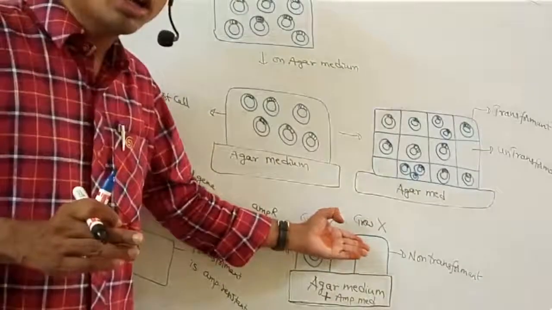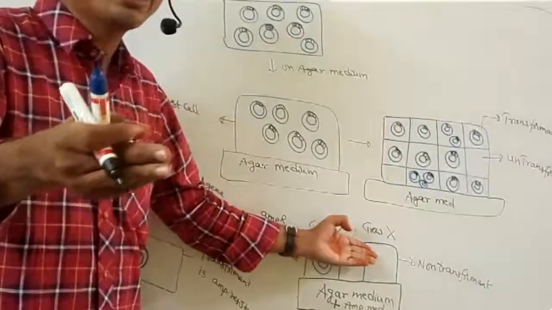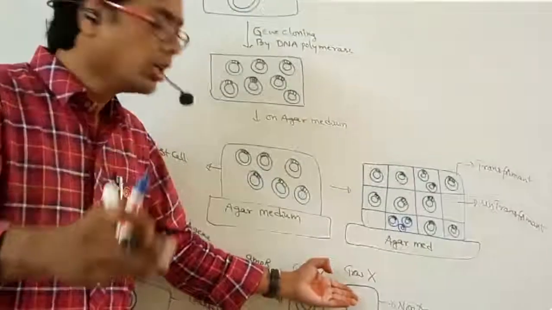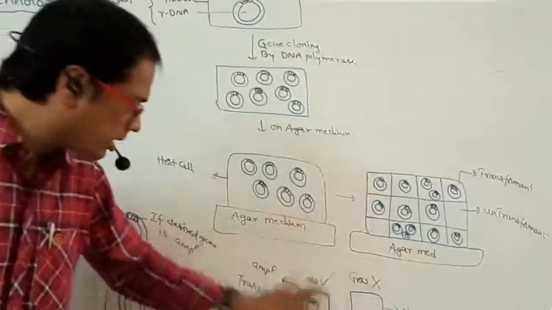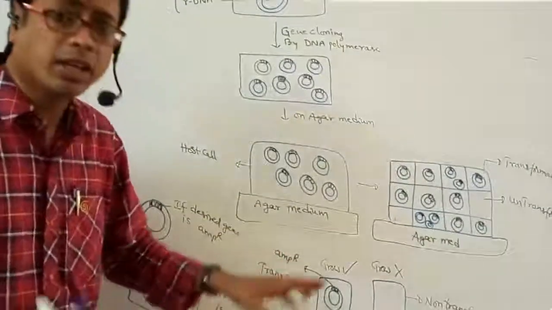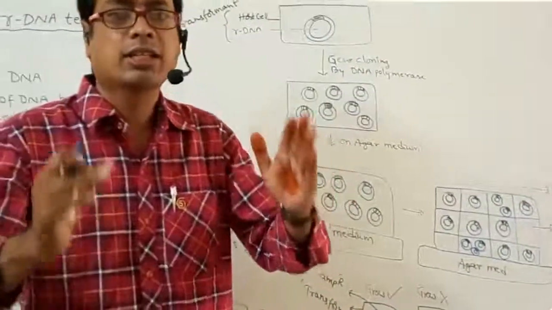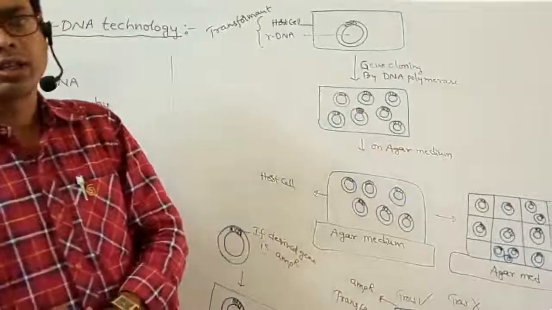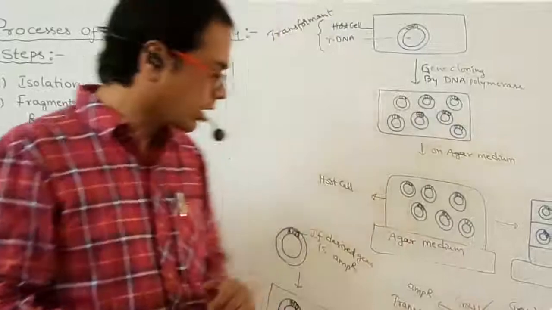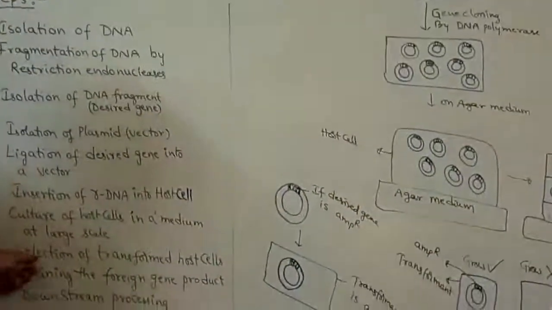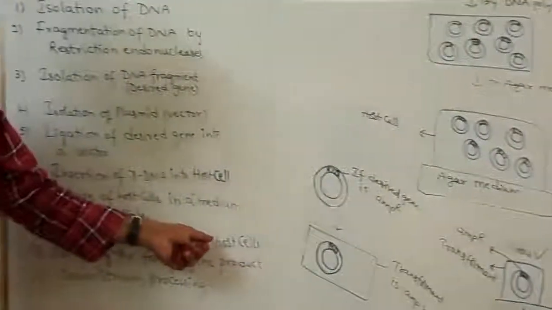Here there is no rDNA, so no desired gene like the ampicillin resistant gene. That's why the cell will die. So in this case, the ampicillin resistant gene can be considered as a selectable marker. Okay, selection of transformed host cells is also completed.